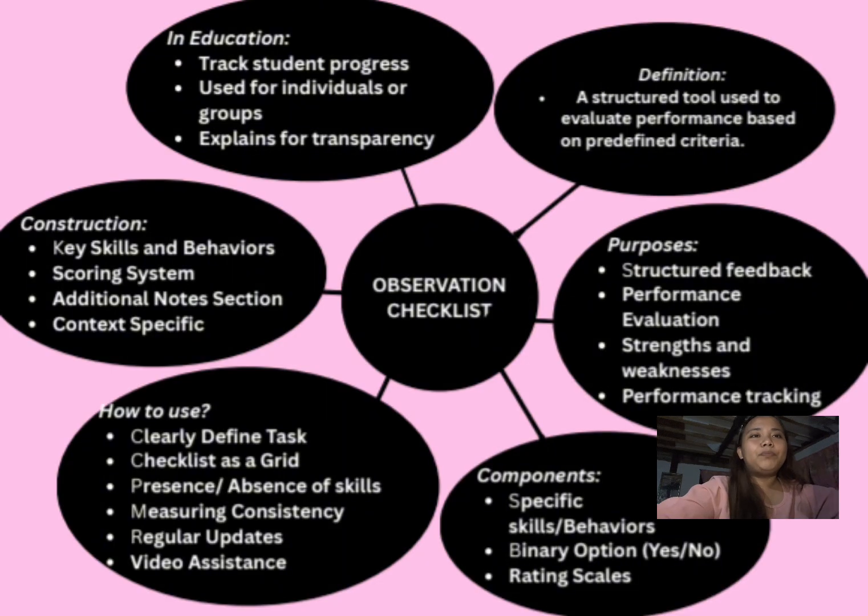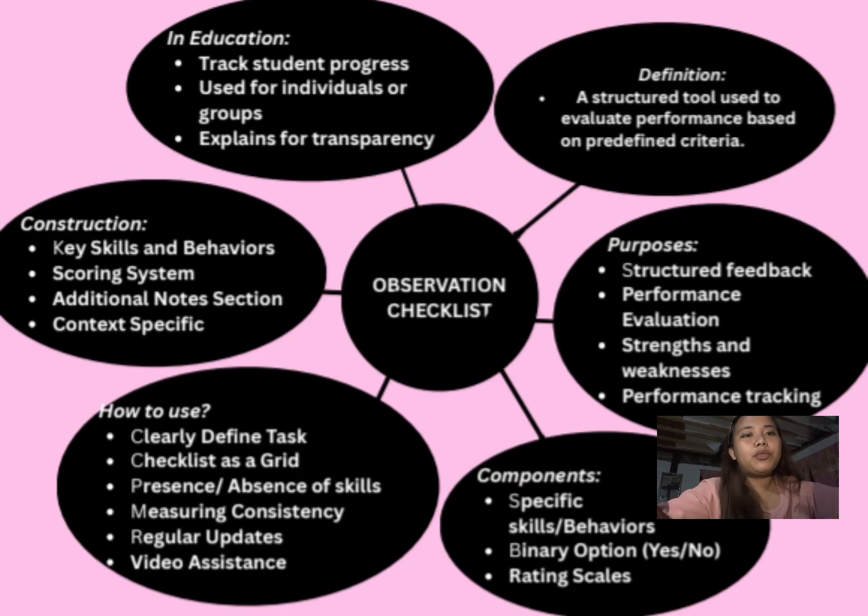For example, a student's progress in writing skills throughout the school year. The checklist item could be: uses proper grammar and sentence structure in written assignments. By tracking this over time, the teacher can see if the student's writing skills are improving, staying the same, or declining. This helps them tailor their instruction to meet the student's specific needs.